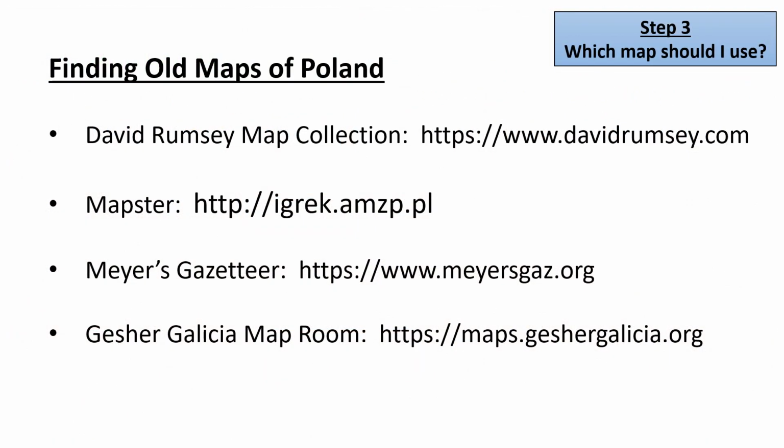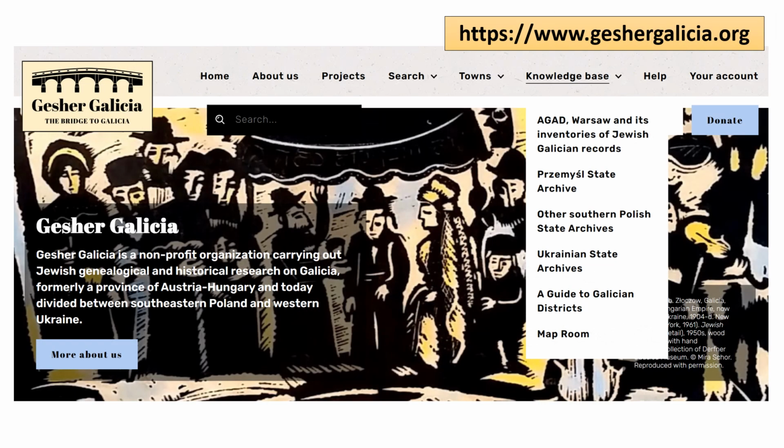Having concluded several in-depth case studies showing how old maps can help us learn more about our ancestors, we will briefly review the Gesher-Galicia map room, one more important source of old maps of Poland. As the Gesher-Galicia homepage states, this site focuses on Jewish genealogical and historical research in Galicia, but also provides access to maps that can be useful for a broad scope of genealogical research.